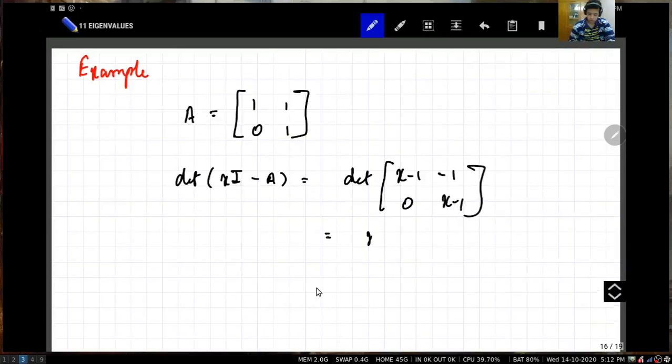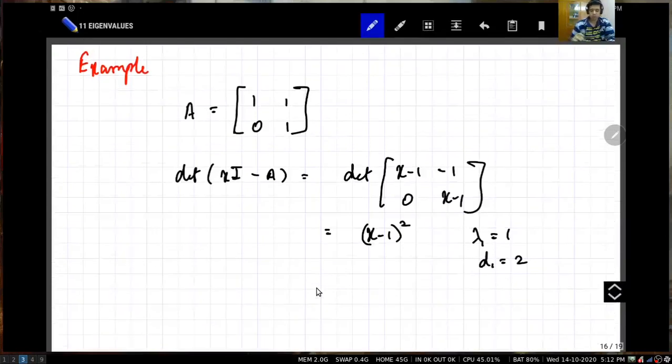And this is equal to (x minus 1) the whole square. So it has only one eigenvalue and it is repeated, right? So in this case lambda 1 is equal to 1 and d1 is equal to 2. The algebraic multiplicity corresponding to the eigenvalue 1 is equal to 2.